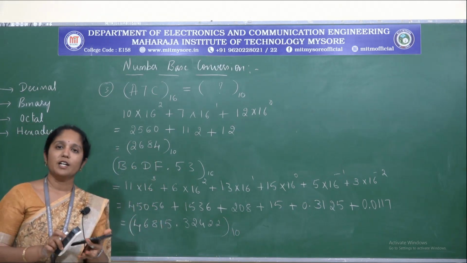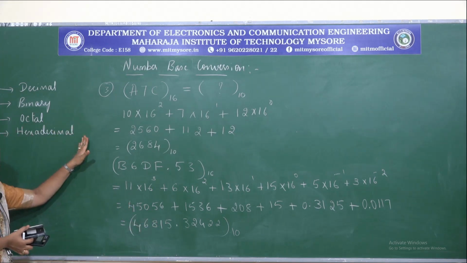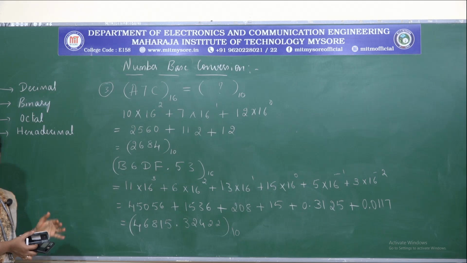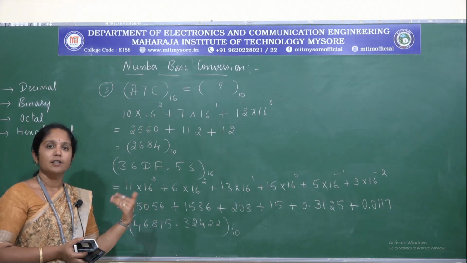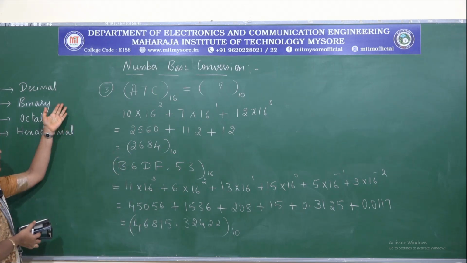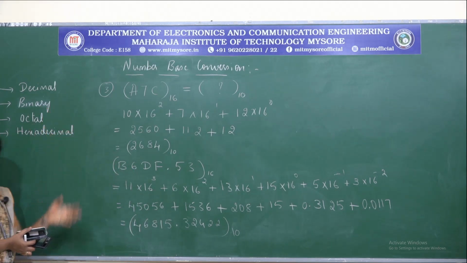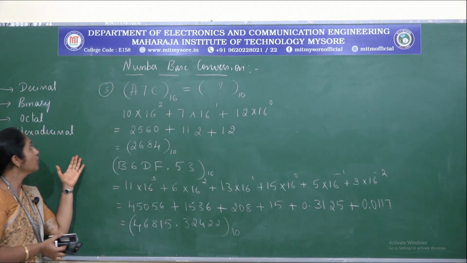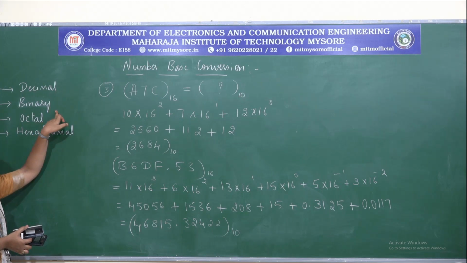Yes, this is how we convert any given number in these three number systems to the decimal number system. Next, let us learn how to convert the given binary string into octal and hexadecimal and vice versa. Also we have to learn how to convert the decimal number into binary.